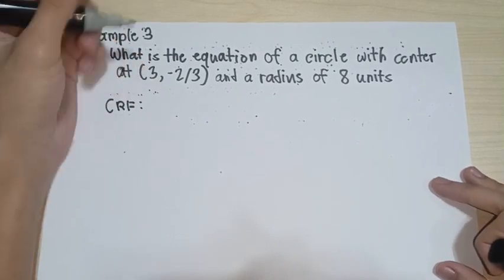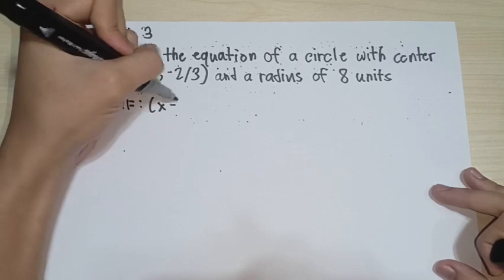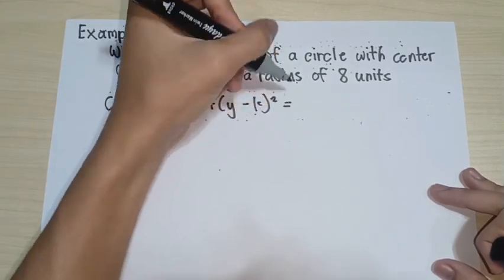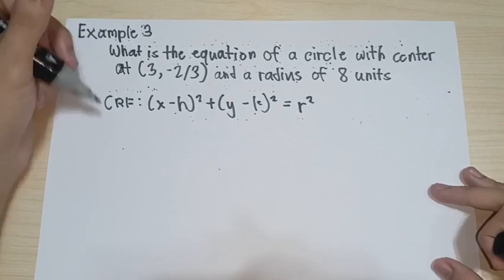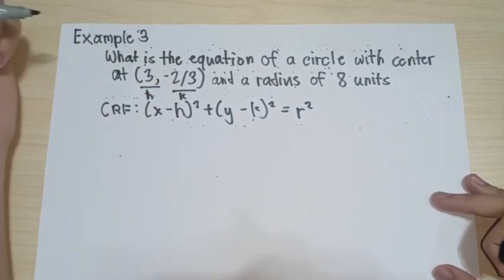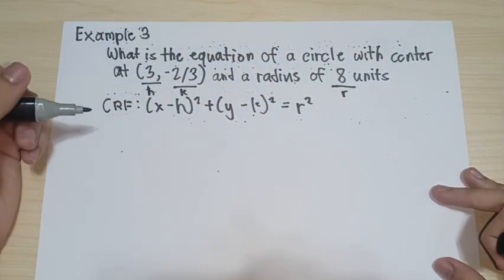This is for our next example. We would get the CRF first. Our h and k is 3 and negative 2 over 3, and then our radius is 8.